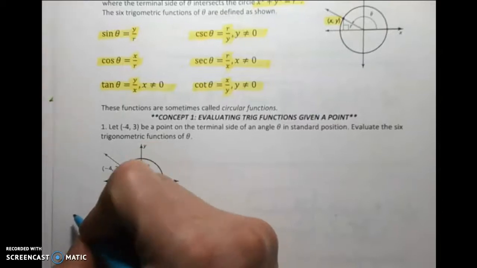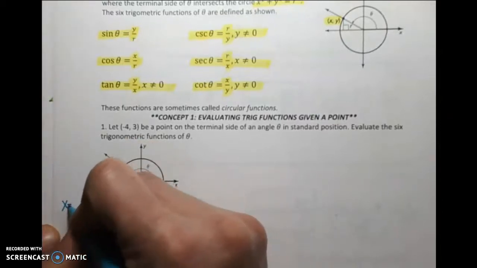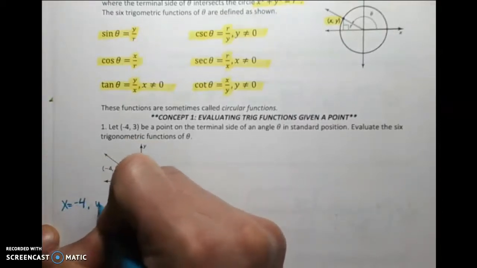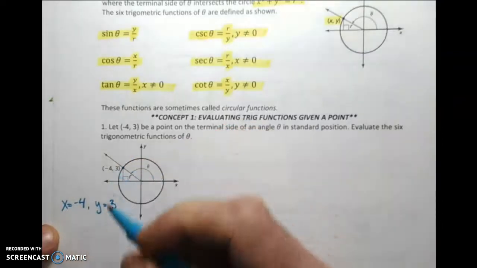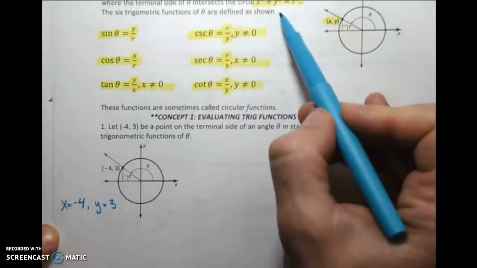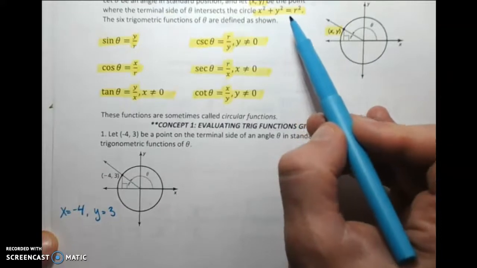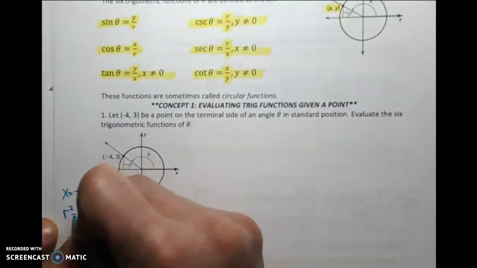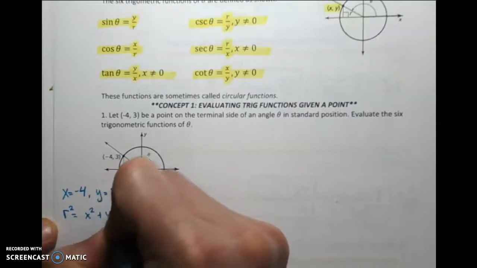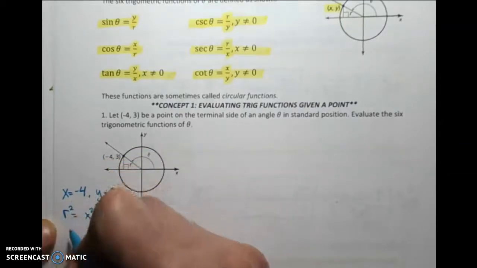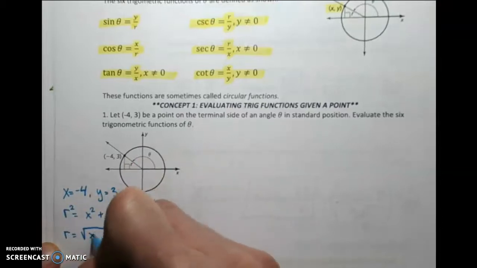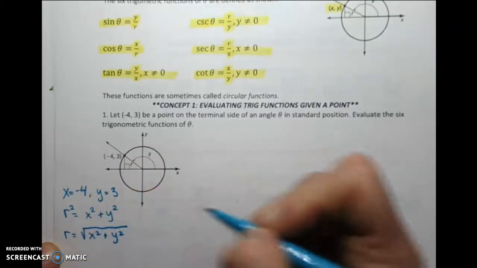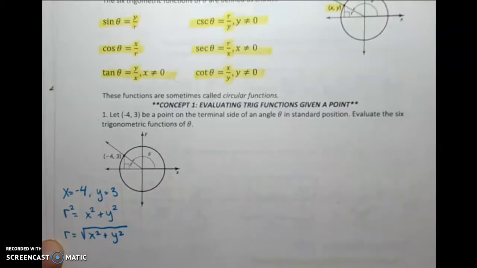What I know is that x equals negative 4, y equals 3, and then I'm going to plug it into this equation right here, x squared plus y squared equals r squared. So r squared equals x squared plus y squared, and if I take the square root of both sides, r equals the square root of x squared plus y squared.